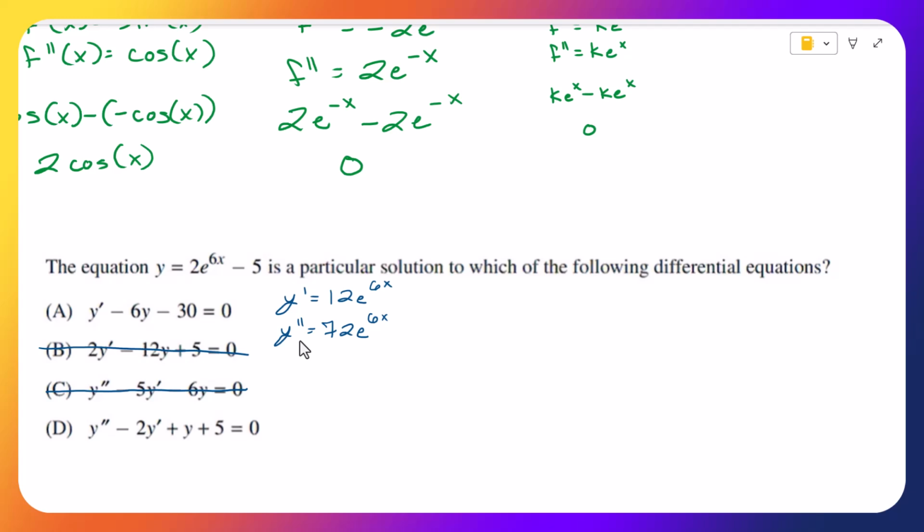Now we can sort of just keep going with this. Let's look at this one first. This one looks a little simpler to do. Okay. So let's just do it by hand from there.